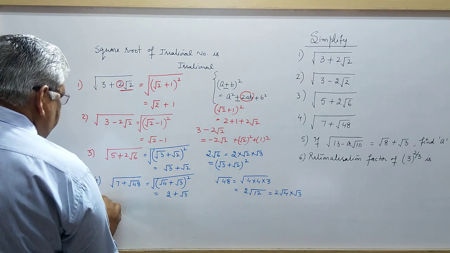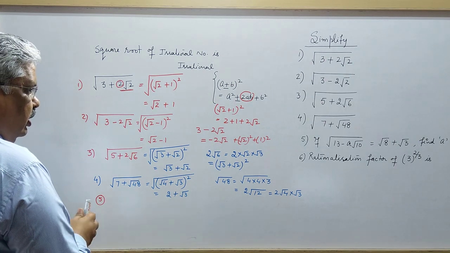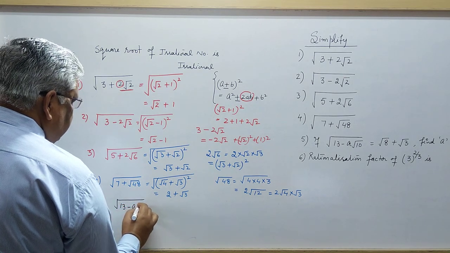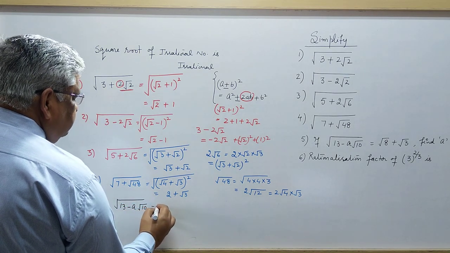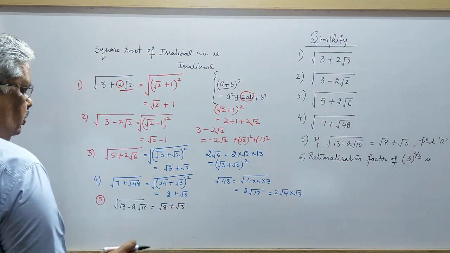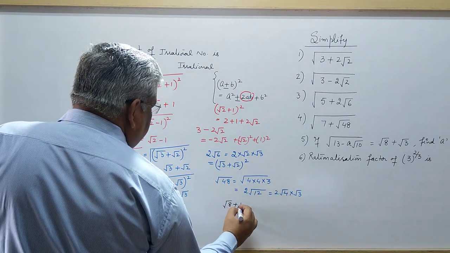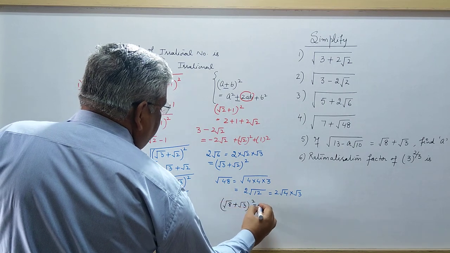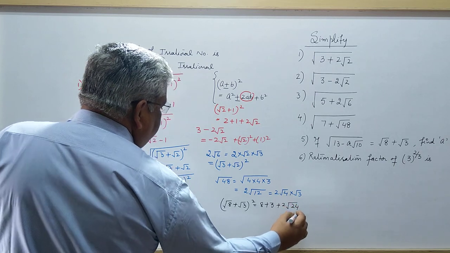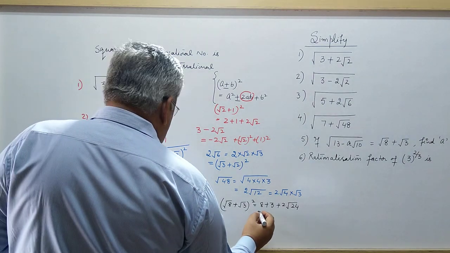In question number 5, under root of 13 minus a into root 10. Now root 8 into root 5, if you make the square of root 8 plus root 5 whole square, it becomes 8 plus 5 plus 2 times root 40.